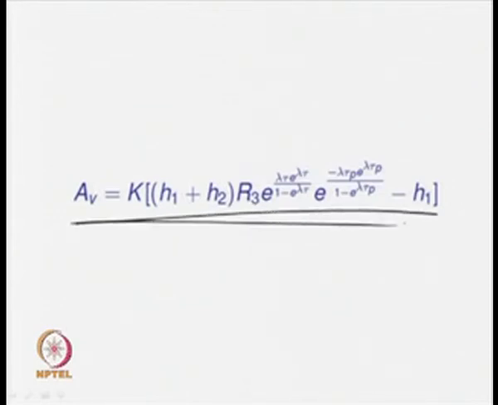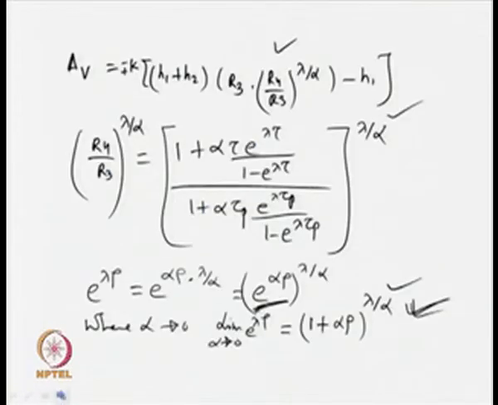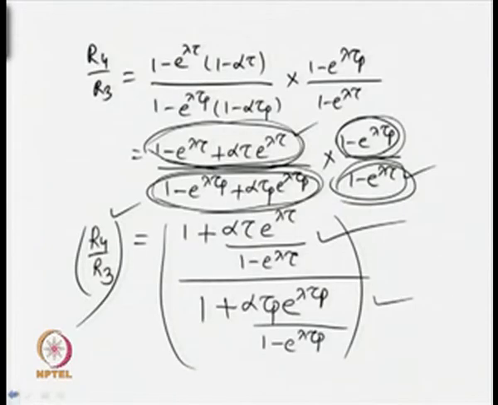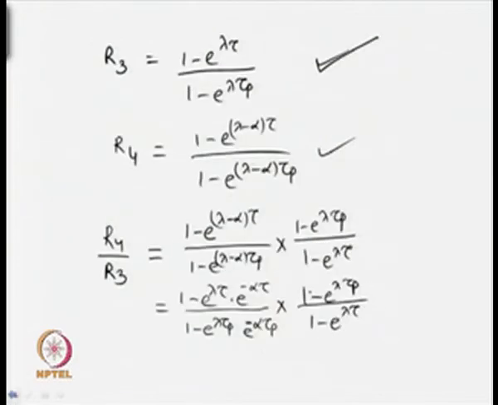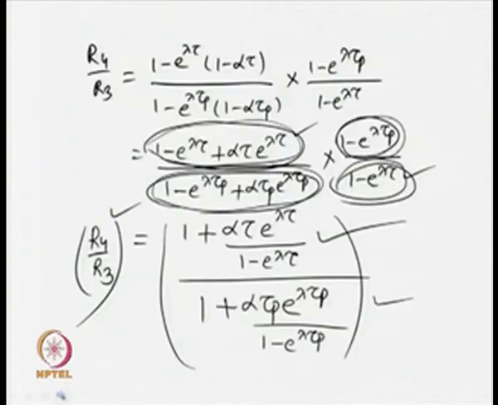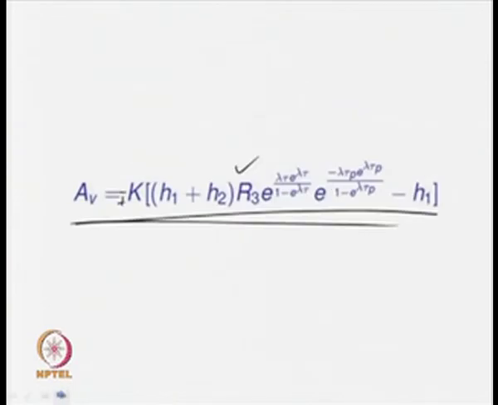That will enable me simply to write the expression now in the form of AV equals minus plus k times H1 plus H2, R3 remains as it is. Please see, R3 remains as it is. I am not changing R3. And what is R3? R3 we have written already. R3 is given by this one. What changes have we made?